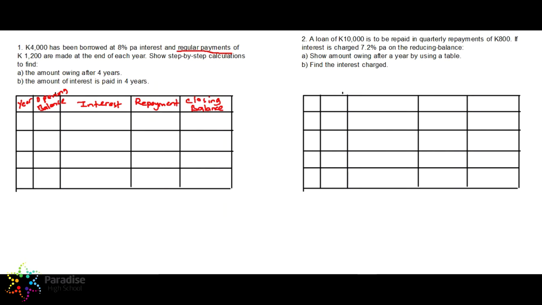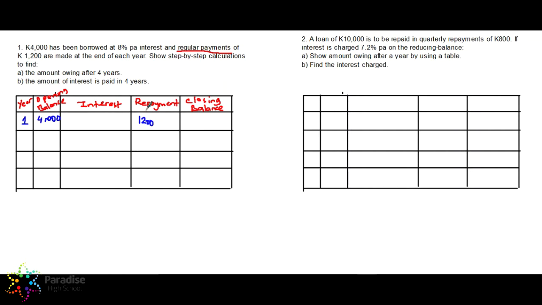All right. So let's start. In the first year, at the beginning of the first year, you had 4,000 kina in the account. You borrow 4,000 kina. And interest is 8% per annum, and your repayment is per year. At the end of each year, you make your repayment, 1,200 kina.